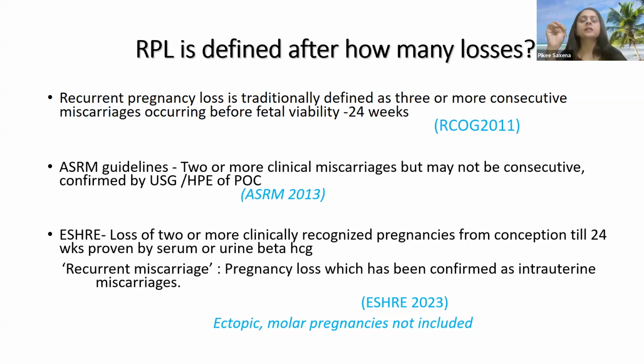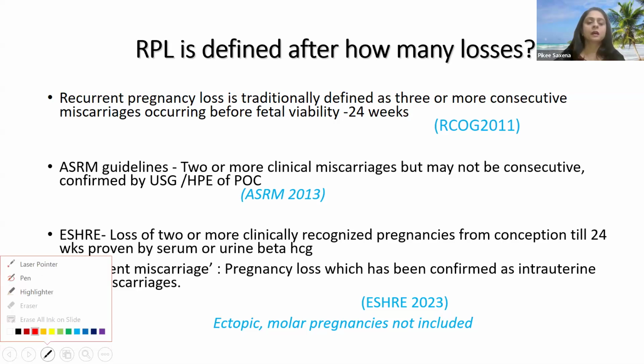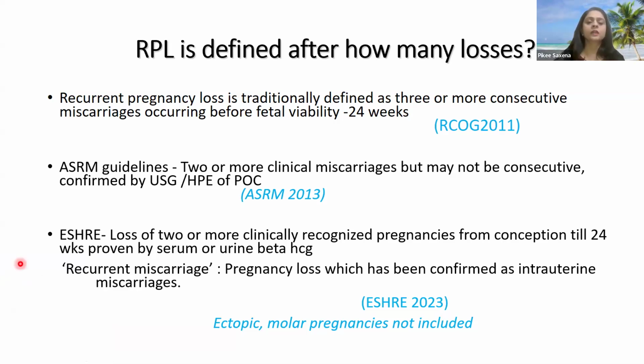And the ESHRE guidelines, recommended in 2013, define it as loss of 2 or more clinically recognizable pregnancies from conception till 24 weeks, just the same as the RCOG guidelines.